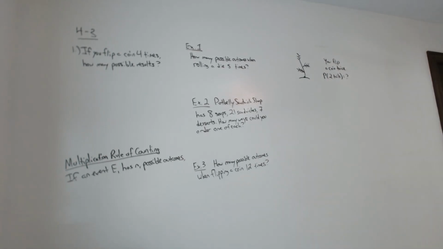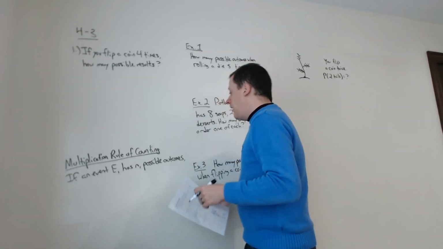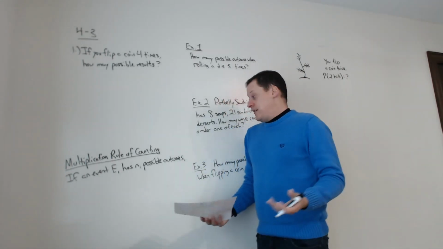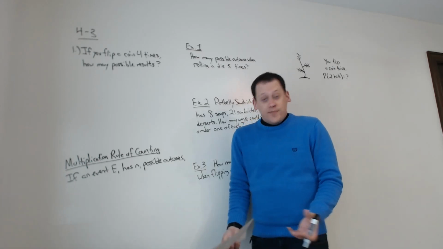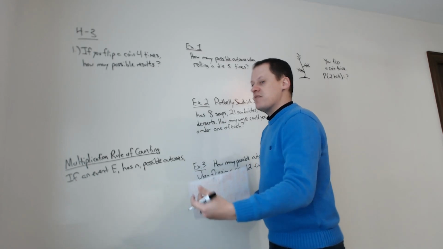I'll let you copy that down on your paper real quick. Then the total number of outcomes would just be N1. But this gets really interesting when there start being multiple events.